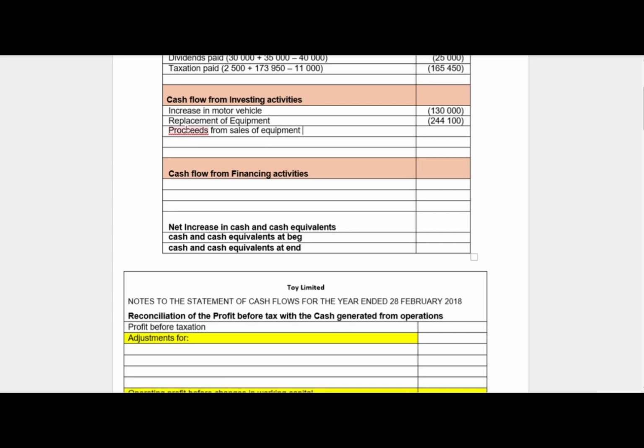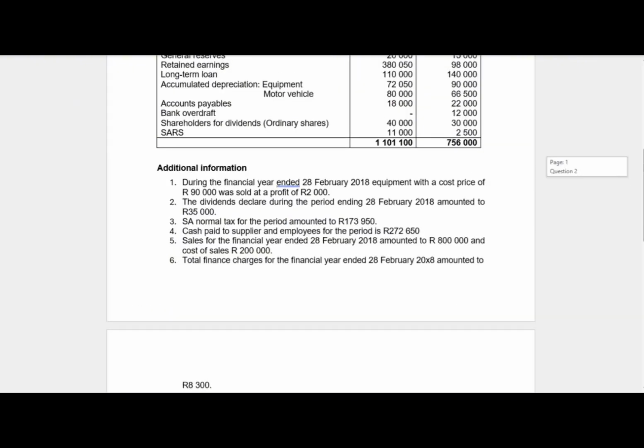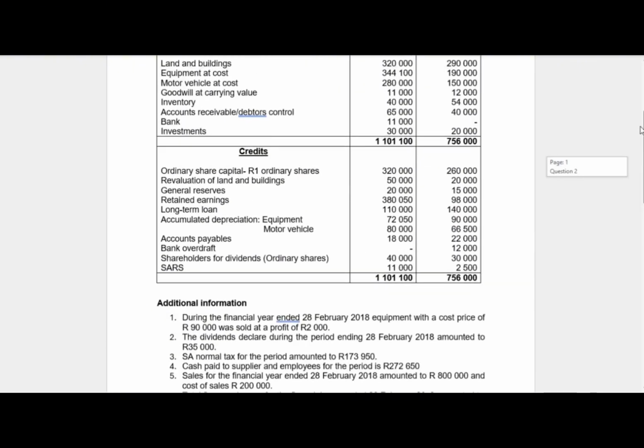All right. So we need to calculate proceeds from sales of equipment. And also, what is another asset that we have? Let's see. On our deficit, I think we've got investments.